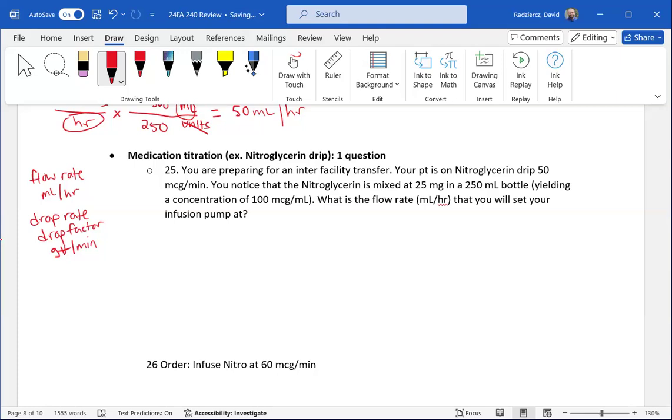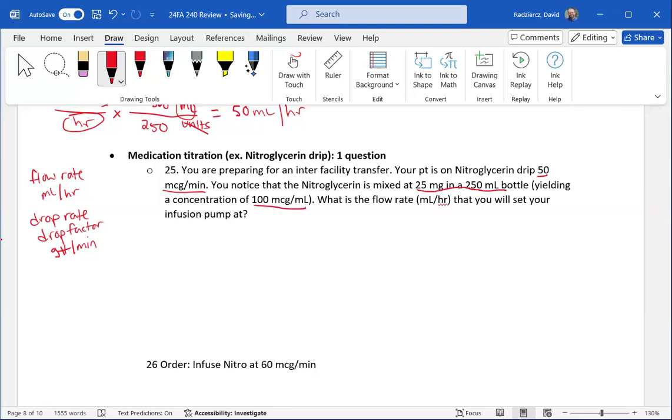In this nitroglycerin drip question, we're going to put a patient on a nitroglycerin drip. The example says 50 micrograms per minute, and your nitroglycerin is mixed at 25 milligrams in a 250 milliliter bottle, which gives us a concentration of 100 micrograms per milliliter.